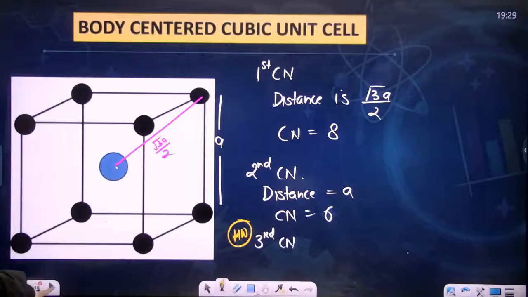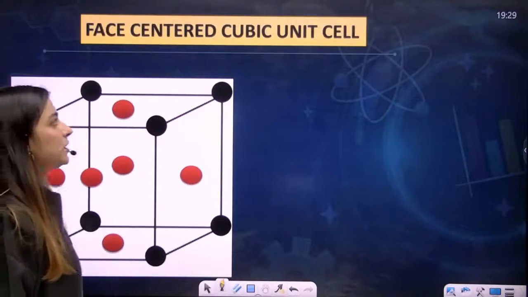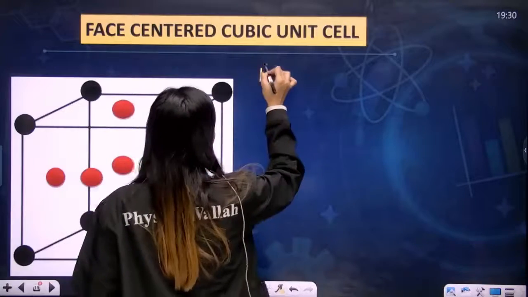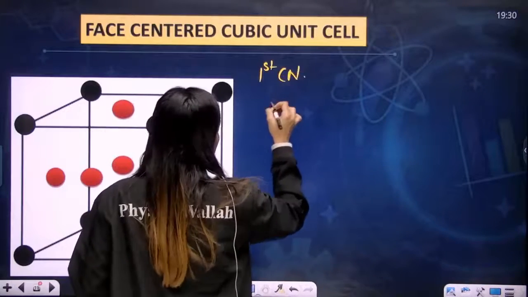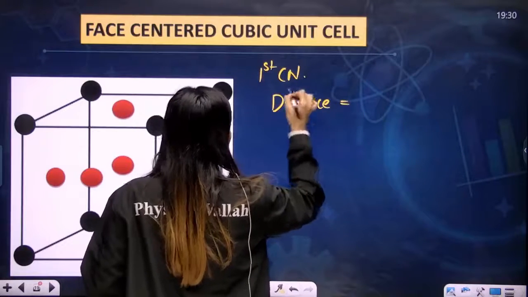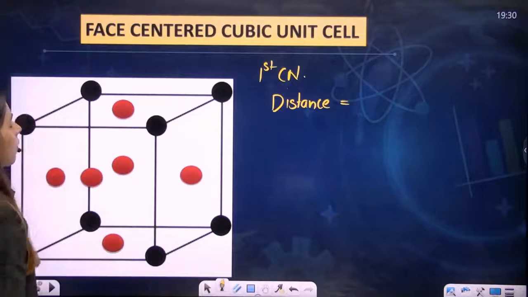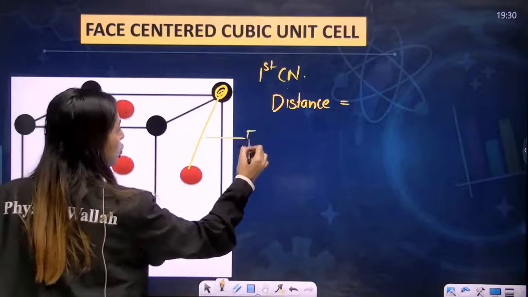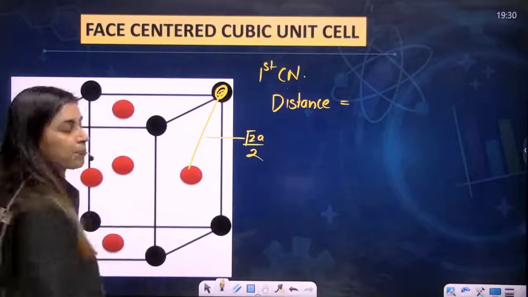Perfect. Next, the face-centered cubic unit system. We know that the first coordination number was 12. Now let's see how it can come from the information we know. See, the nearest distance is this, which is equal to root 2a by 2.